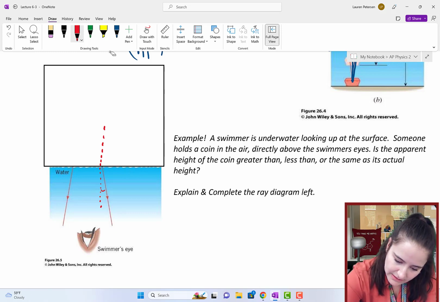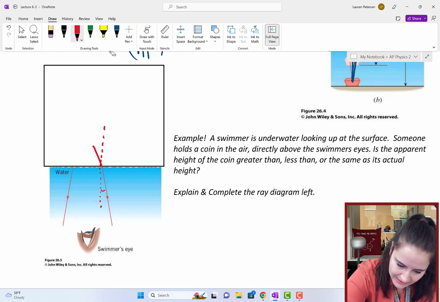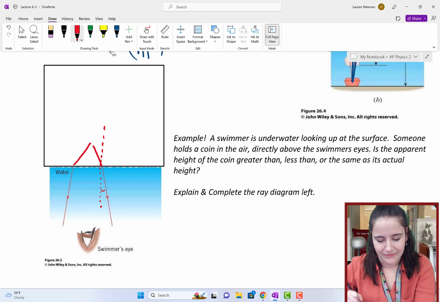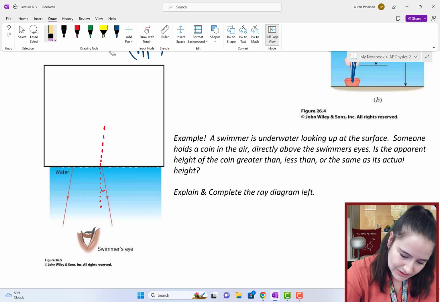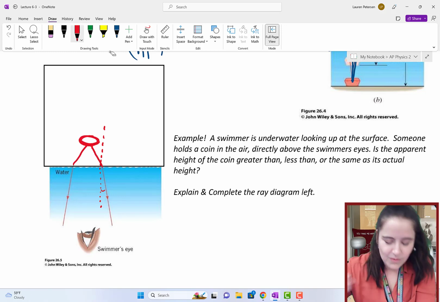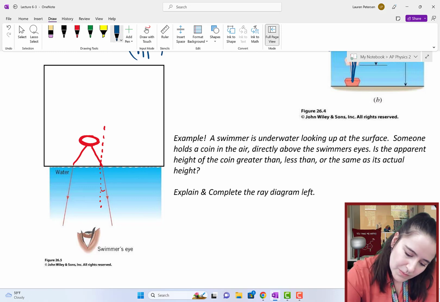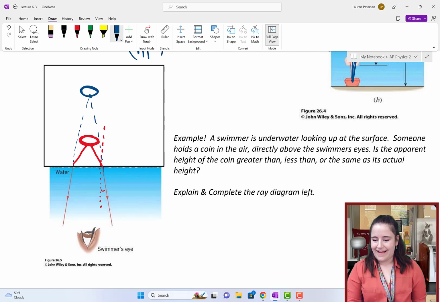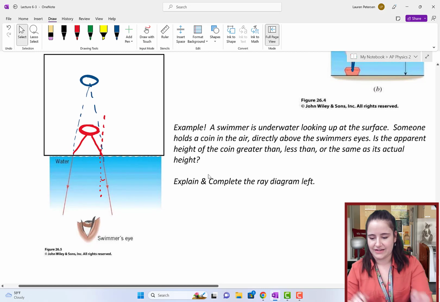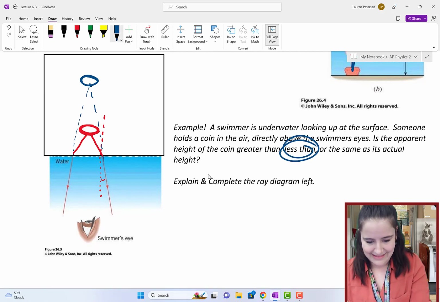AKA, we know when it gets in water, it's going to bend toward the normal. So we know this angle must be a little steeper. That angle's going to be a little bit steeper coming from that coin. Where our eyes always just assume that the angles that we're seeing trace straight back to wherever that is. So the apparent height of the coin will be less than.